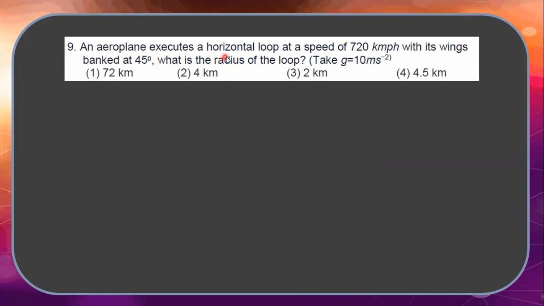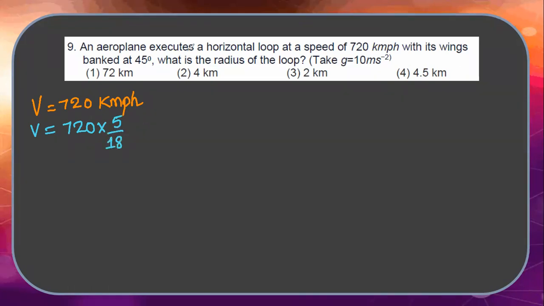An airplane executes horizontal loop at a speed of 720 kilometers per hour. The speed of that airplane is given 720 kilometers per hour, but we need that in meters per second. To convert kilometers per hour to meters per second, we have to multiply with 5 by 18.